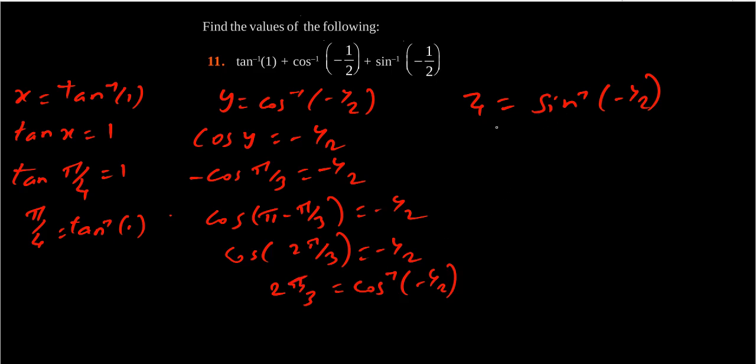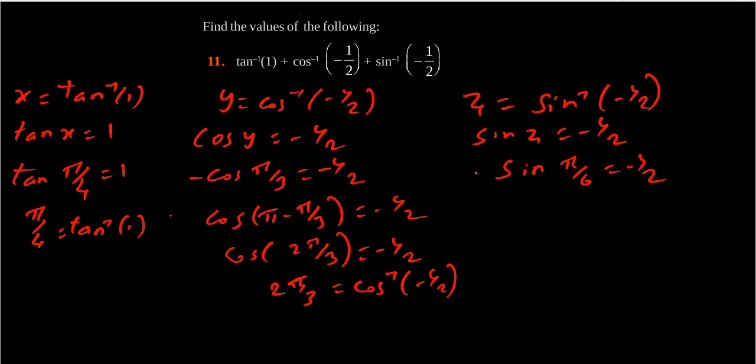And z will be, let me bring sine to the left hand side. So sine z equal to minus 1 by 2. So for which value will we get 1 by 2 in the sine function? It is sine 30 degree. So sine 30 is nothing but sine pi by 6. So sine pi by 6 equal to 1 by 2. We need to get negative sign.